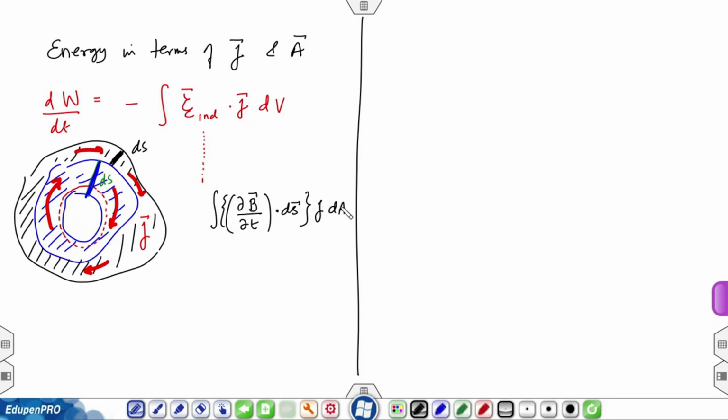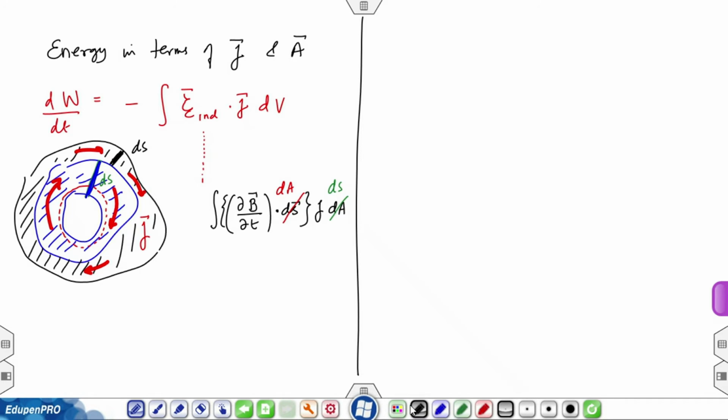Now, just to make a little correction and a better connection with what I have written, I should change this ds here to dA, and this dA here to ds. Let me explain it once more.